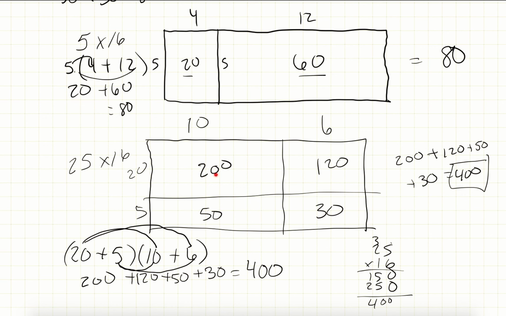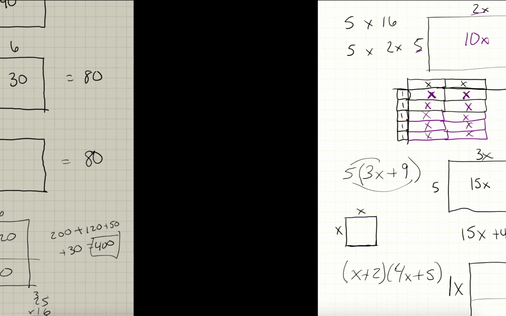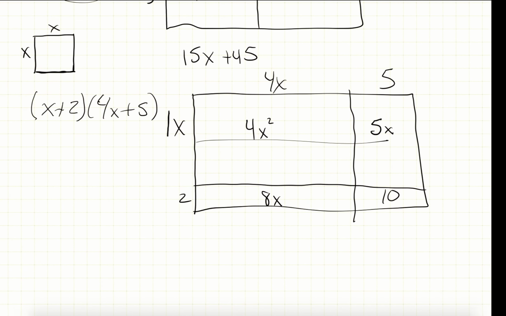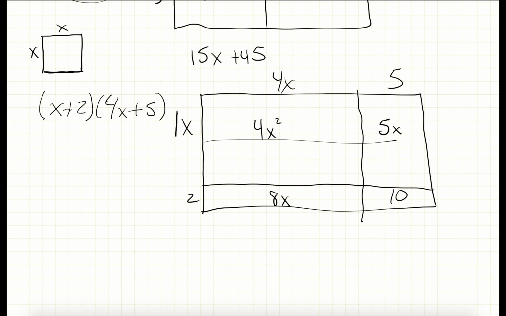I added all the parts together. Well, that's what we're doing here with the algebra. It's okay that it's algebra. Don't let the algebra scare you. Okay? It's 4x squared plus that 5x we found plus the 8x we found plus the 10.